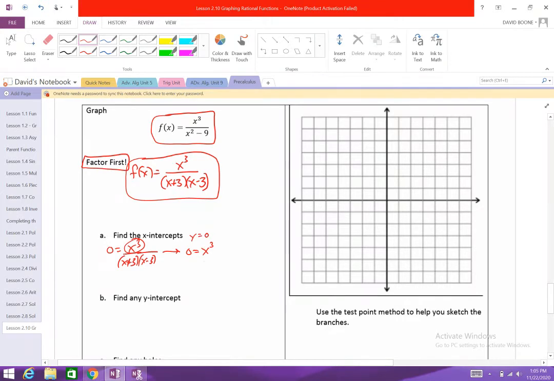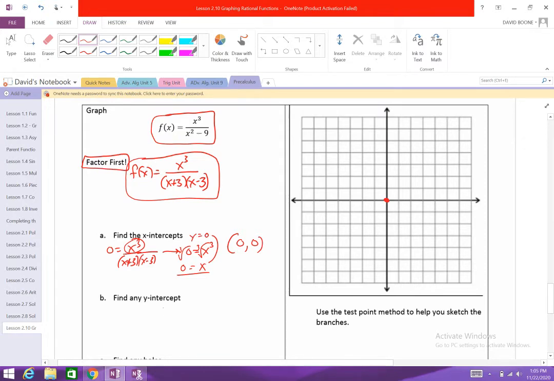If I simply take the cube root of both sides, I get x equals 0. So that means x equals 0, and y is 0. My coordinate for the x-intercept is (0, 0). Okay, so might as well mark that point since we're there. Let's put that point right on our graph.